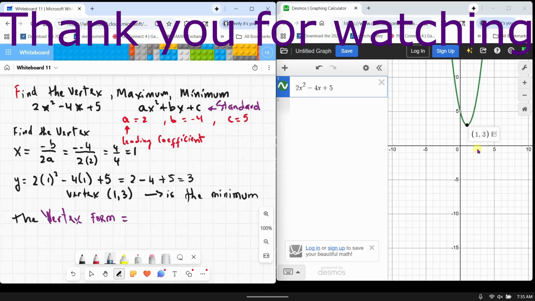It's going to be equal to, first, we want to write down the x minus the x of the vertex, which is the 1. Then we close the bracket and put the square. Don't forget the square is outside the bracket. And then we want to do plus the y, which is going to be 3. And now don't forget at the end, make sure you put the leading coefficient, 2, in front. So it's always going to be just like this.